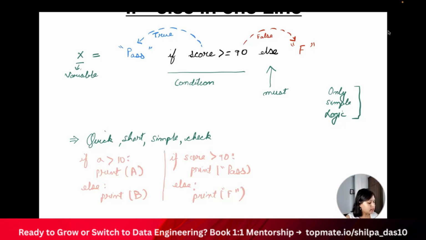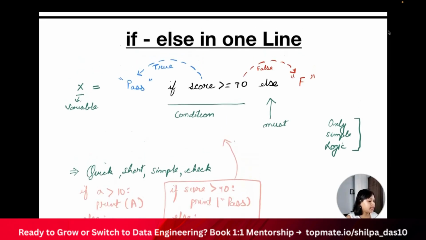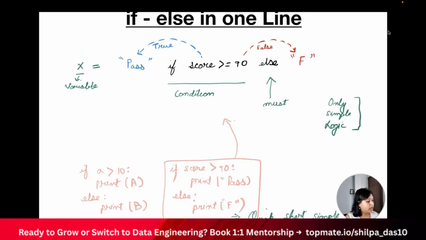Now, if you see this particular piece of code, you can actually write it in one line. So let's see how exactly we can write it in one line. In this, we have the statement if score is greater than 90. I'll put it as it is. This is my condition that I need to check, right? So I will write here if my score is greater than 90. This condition I put here, right?